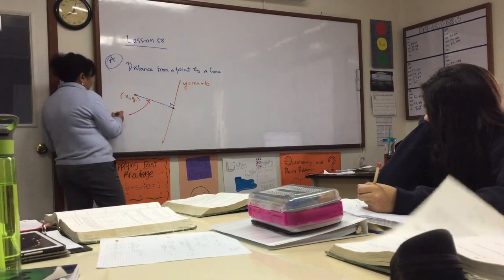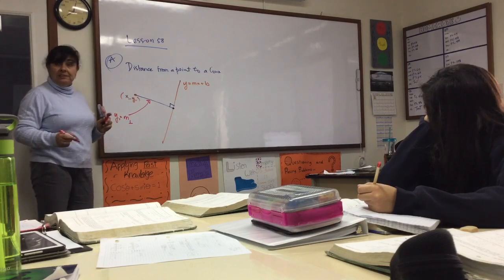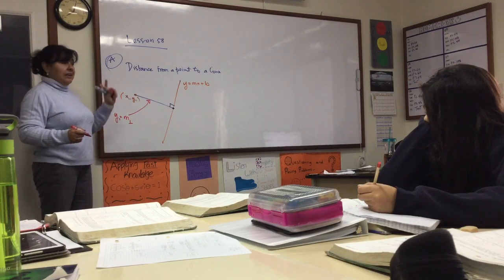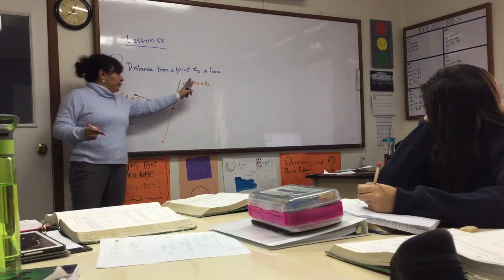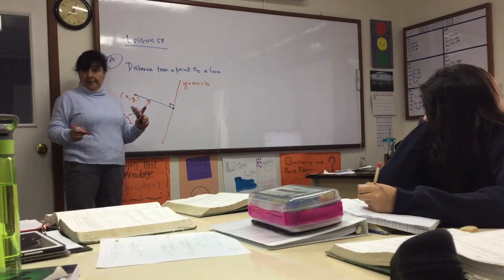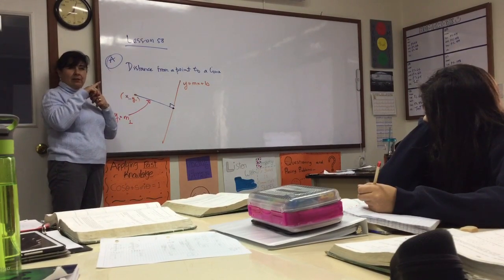Why? Because that line has a perpendicular slope to this one, which means that this slope is perpendicular to this slope, right? Remember when lines are perpendicular, they have a slope that is the negative reciprocal?